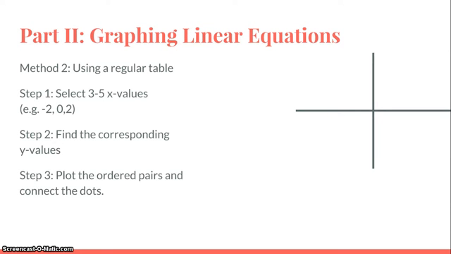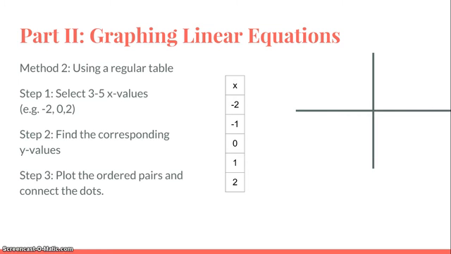Now, the second method we'll talk about is using a table. And this is a little more old school, it's a little less sophisticated, I guess, but it's certainly just as effective. What you do is you select 3 to 5 x values. I give the example as -2, 0, 2, but typically I'll go ahead and do 5: -2, -1, 0, 1, 2.